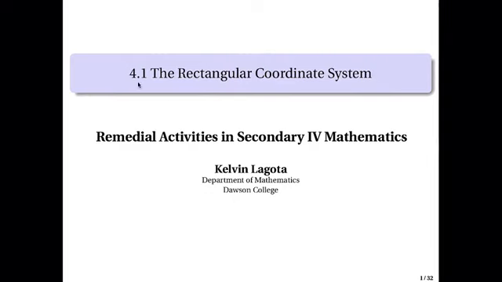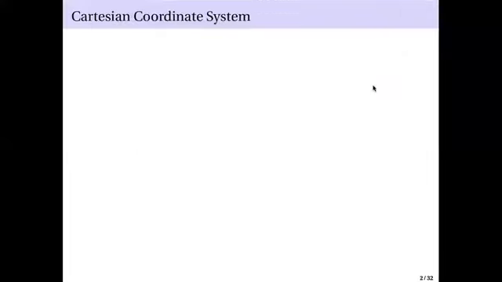We will have the rectangular coordinate system, or sometimes it is called the Cartesian coordinate system. So what is this Cartesian coordinate system, and how do we construct this?